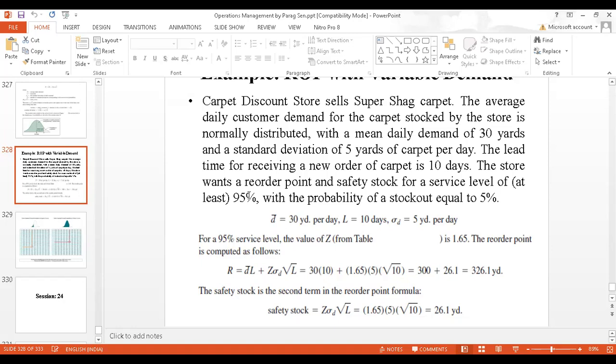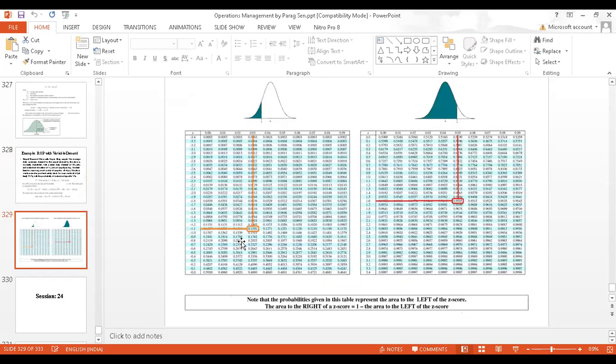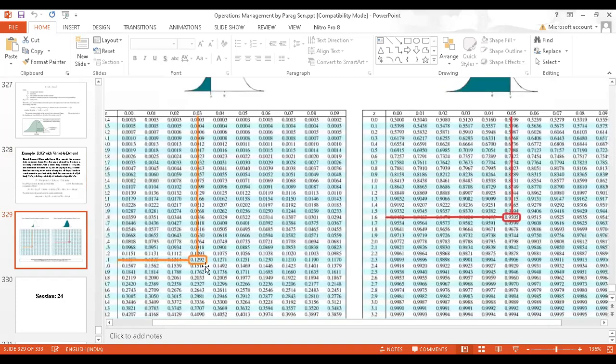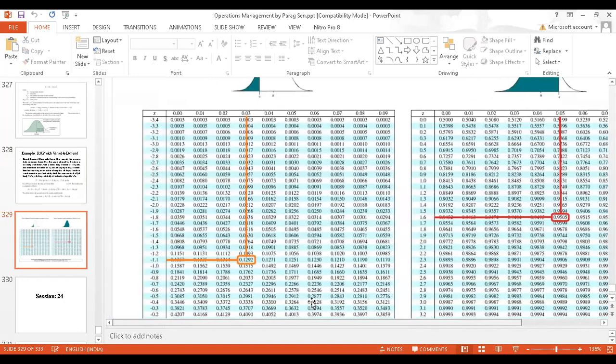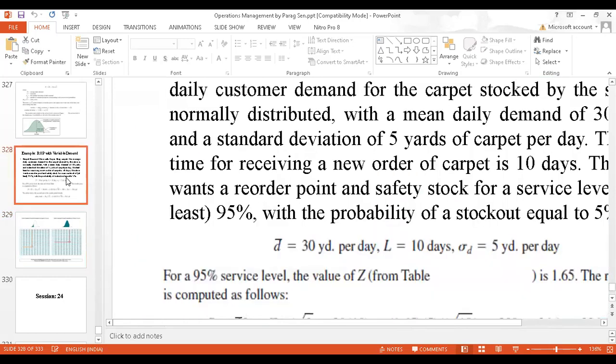Okay. So if you desire a service level of 13%, then what will happen? You will get the value here, 0.1292, that means the 13 value, and your Z value will be minus 1.13.